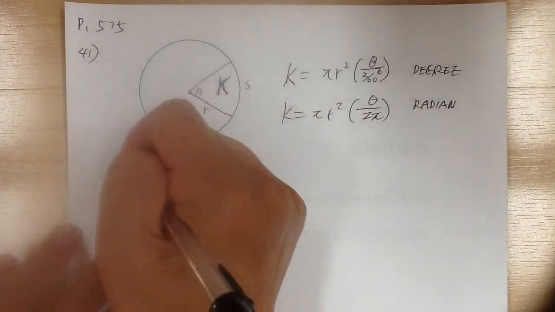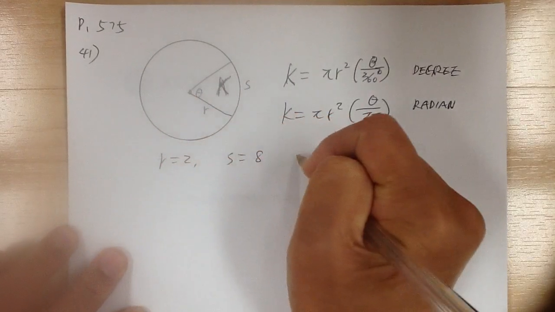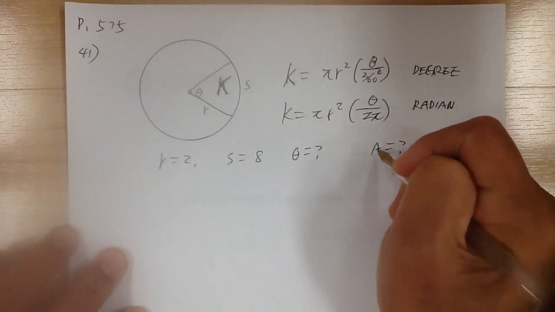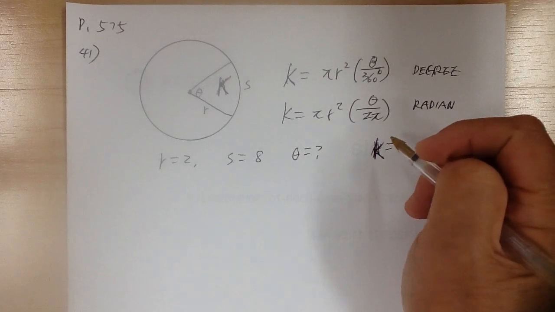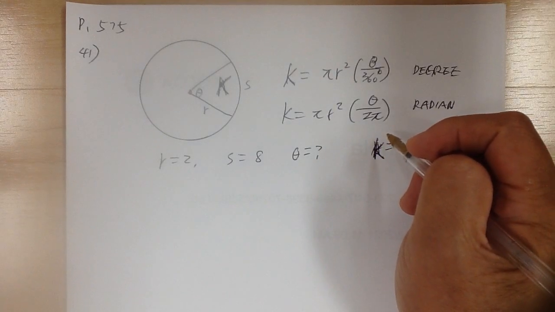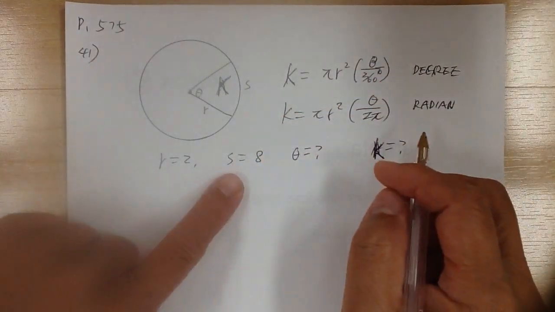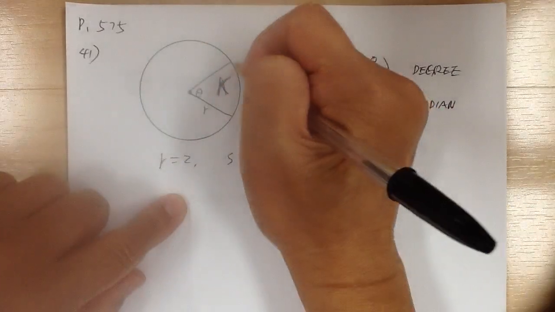Okay, so number 41, you have r equal to 2, s equal to 8, theta equal to question mark, and k, the area, equal to question mark. Now from here, you can figure out the angle, because of the arc length.